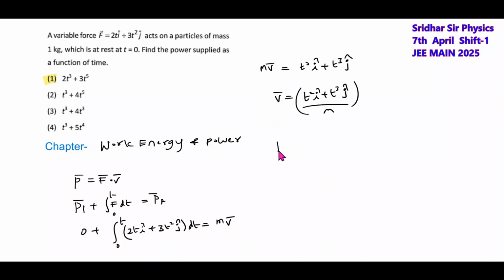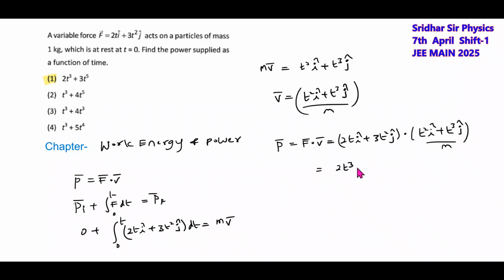Then find the power supplied. Power supplied is equal to F bar dot v bar, which is 2t i cap plus 3t square j cap dotted with the velocity. i dot i and j dot j give 1, where m equal to 1.